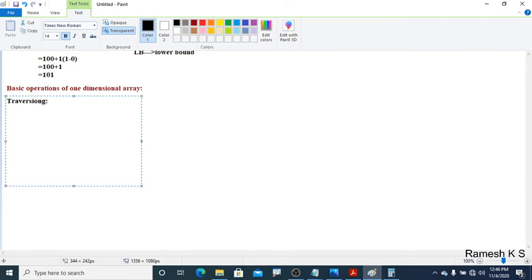Traversing, all of you know we discussed in the previous session. You can write it the same as it is, no problem. Traversing, searching, sorting, insertion, deletion and merging.